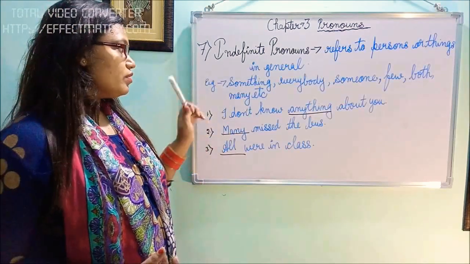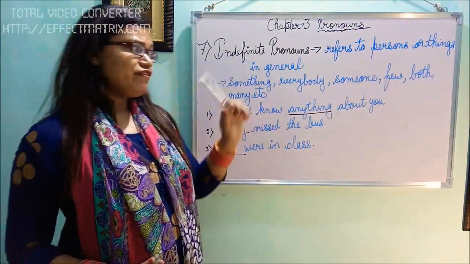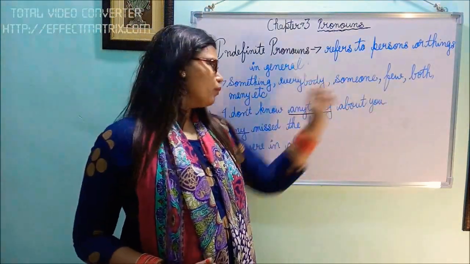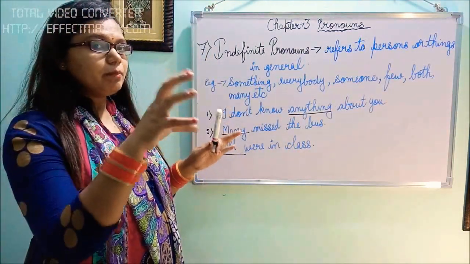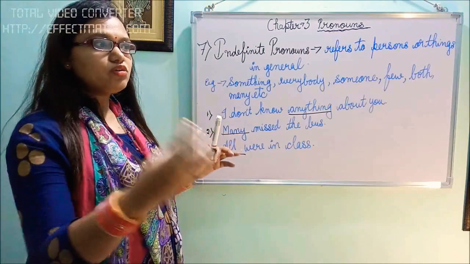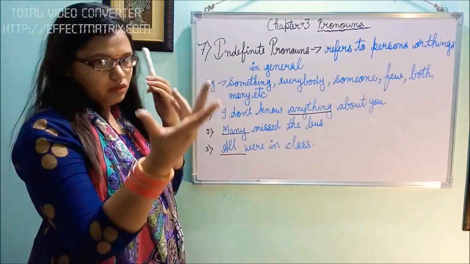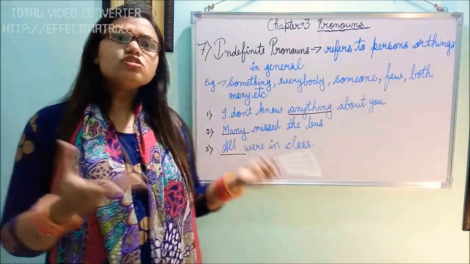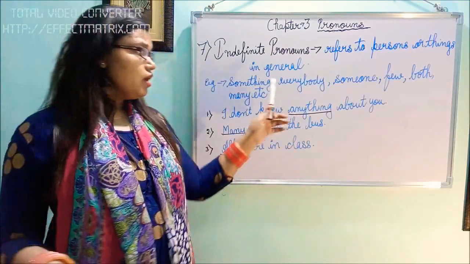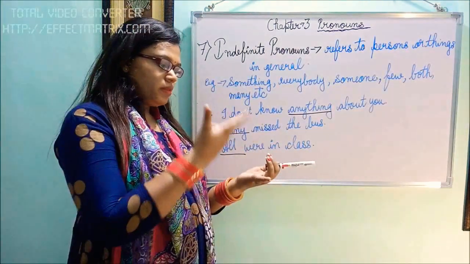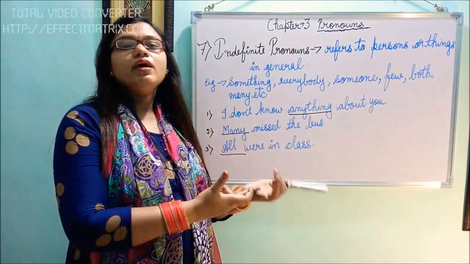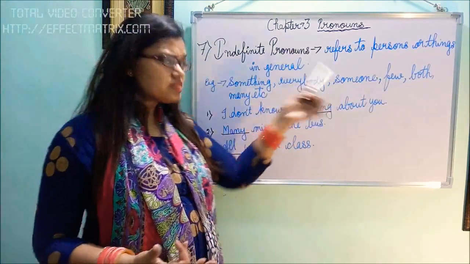Understand? Now examples are something, everybody, someone, few, both, many. Here we don't know the perfect person. Something, we don't know which thing we are talking about. Something can be anything. Table, chair, pen, marker, anything. Everybody includes everybody, animal, man, woman, girl, boy.